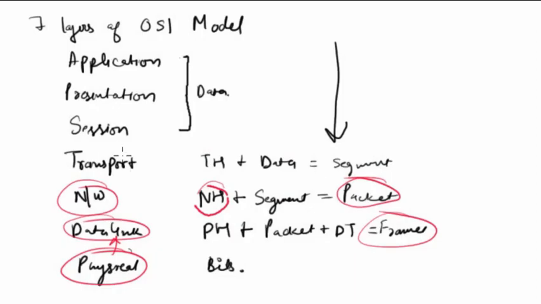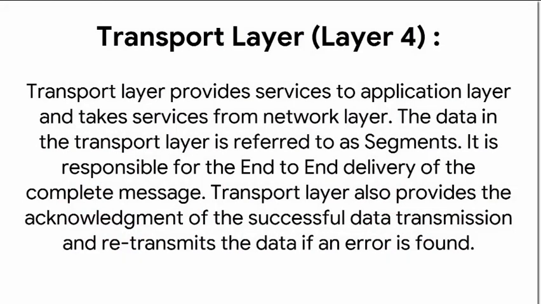Now we should move on to the next layer, transport. The transport layer provides services to the application layer and takes services from the network layer. The data in the transport layer is referred to as segments. It is responsible for end-to-end delivery of the complete message. The transport layer also provides acknowledgement of successful data transmission and retransmits the data if an error is found.